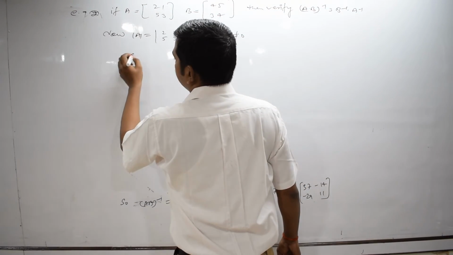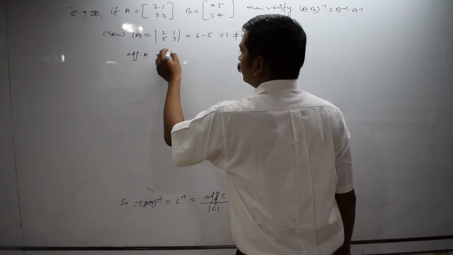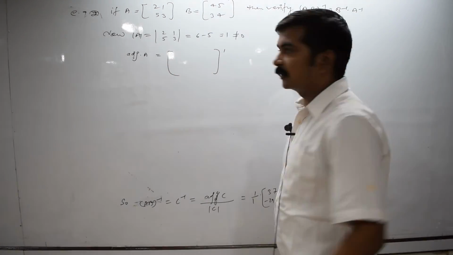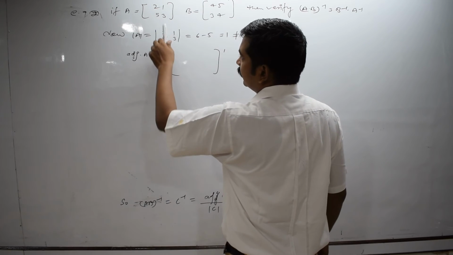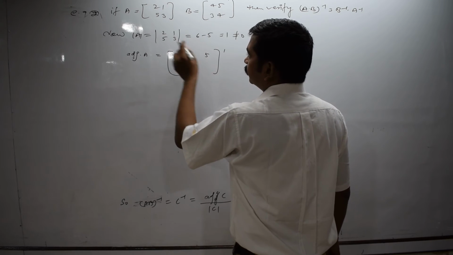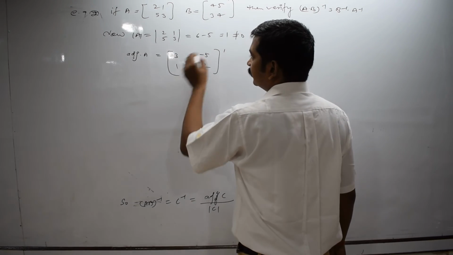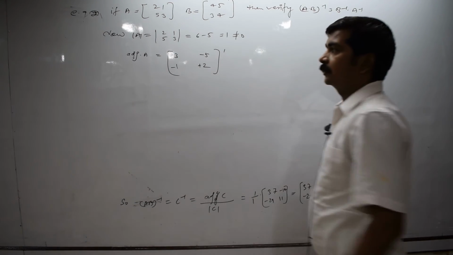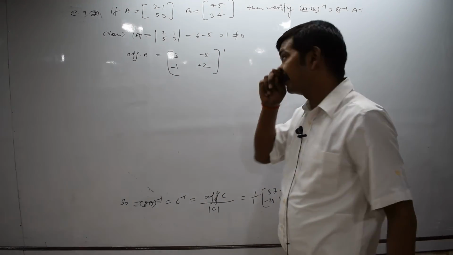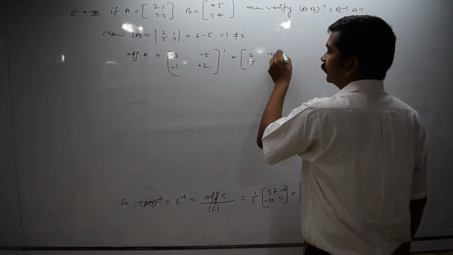So for the inverse we find adjoint A, the transpose of the cofactor matrix of A. The cofactor matrix is found by the previous method: with respect to 2 this will be 3, with respect to 5 it is 1, and so on. We take plus, minus, minus, plus in 2 cross 2 order, and in 3 cross 3 order we take alternate signs directly. The transpose of this will be 3, minus 5, minus 1, 2.